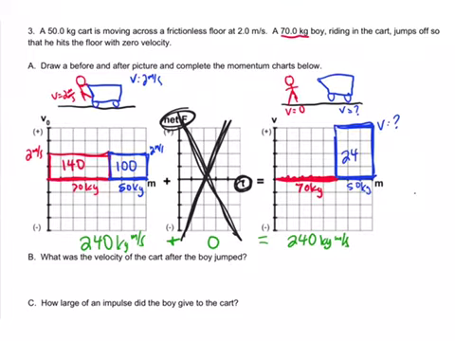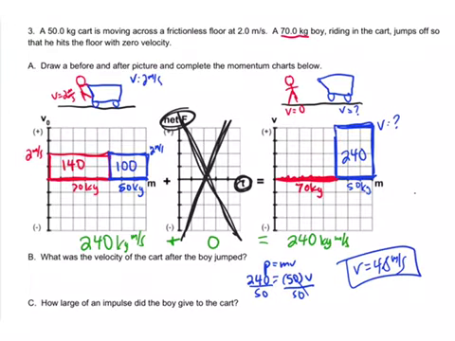That's the key part there. Then we can set up our equation here. The momentum of the cart is equal to 240, but that's also equal to mass times velocity. We already know the mass is 50 kilograms, so we just need to figure out the velocity. If we divide the 50 over, we get a velocity of 4.8 meters per second. So it did indeed go faster.